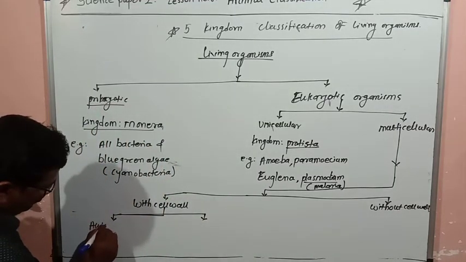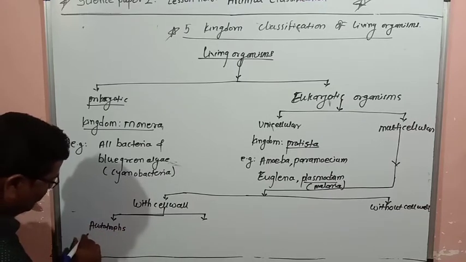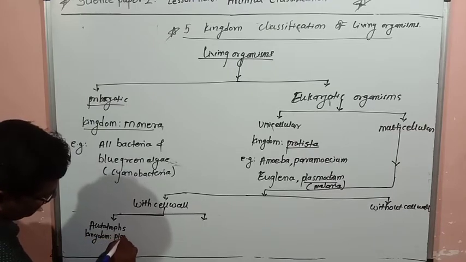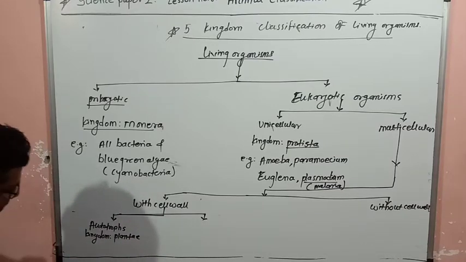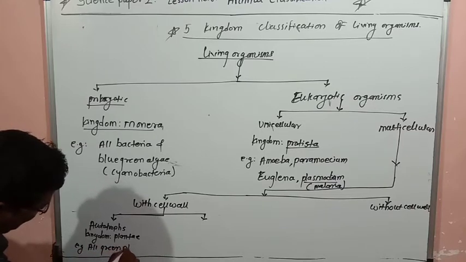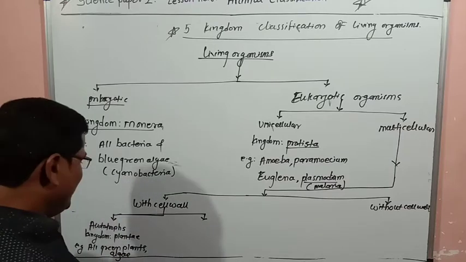Which are the autotrophs? In that, kingdom Plantae is there, and examples are all green plants, and algae also you can give as example.